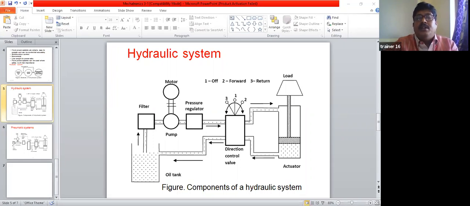And power steering, power brakes, suspension systems, and hydraulic transmissions. These are all fluid powers, by removing the mechanical actuators. Even if you see in the cranes, the ram here moves to lift up heavy loads. Inside, the hydraulic fluid power takes place by the liquid.